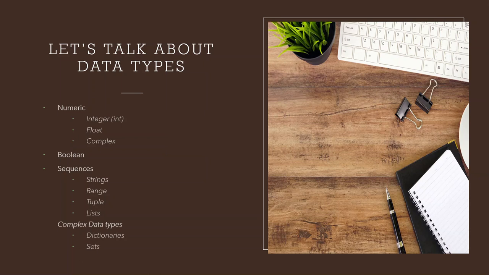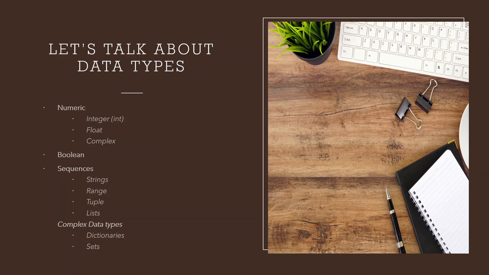In this programming language, we have data types that we use: numeric, Boolean, sequences, and then there's some complex data types that we'll use. Numeric, we use an integer, a float, which is a floating decimal point, and then we can use complex numeric data types. Boolean is just a simple yes or no, true or false.